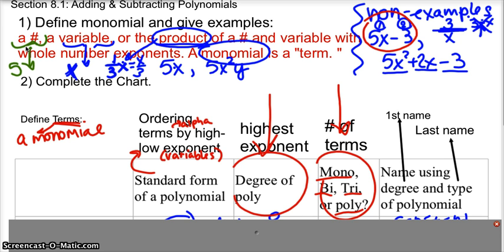Before I go on to the chart, let me give you a couple of examples. I'm making these up as I go, so they're not in your notes. When we talk about standard form, you're looking at the degrees. You're looking at the exponents on the variable.